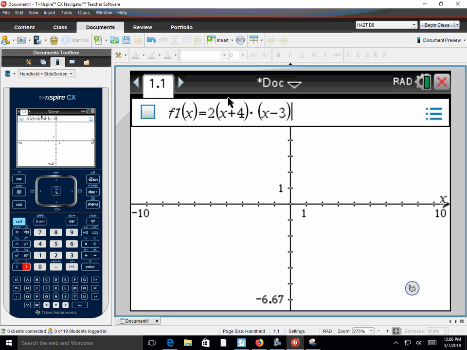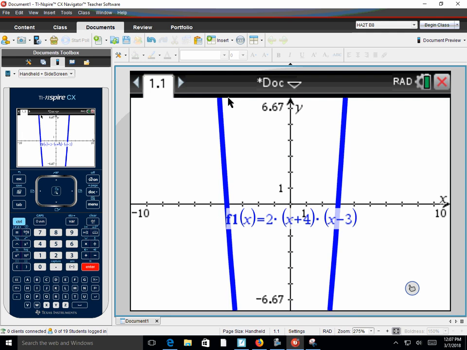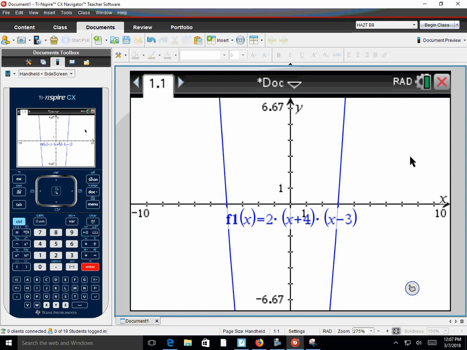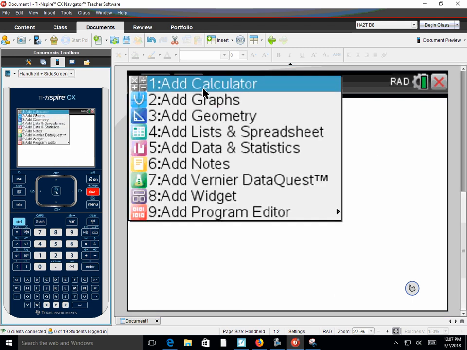What are the zeros of this function? David? So -4 is a 0, and 3 is a 0, right? Let's graph it to see that happening. So the graph is crossing through at -4, and it's crossing through at 3. Does that make sense?